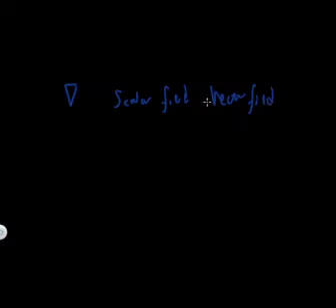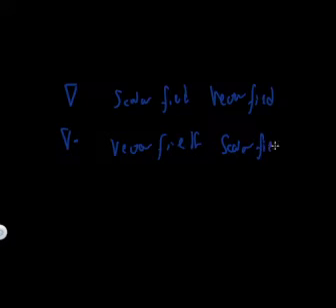So for the gradient operator, we put in a scalar field and get a vector. For the divergence operator, we put in a vector field to get a scalar field. If you put in the whole vector field, we would get a scalar field.